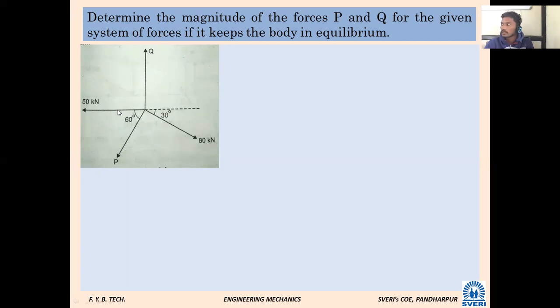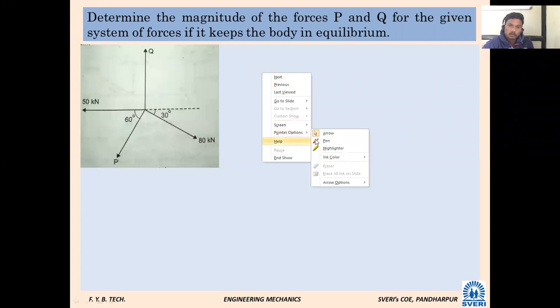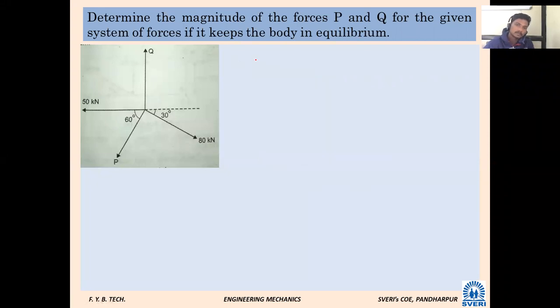काय दिले लक्षात येतंय का? What is given? Magnitude of forces. काय करायचं आहे? Magnitude of forces is given or what? Let us see the given forces. Let us give names to forces.